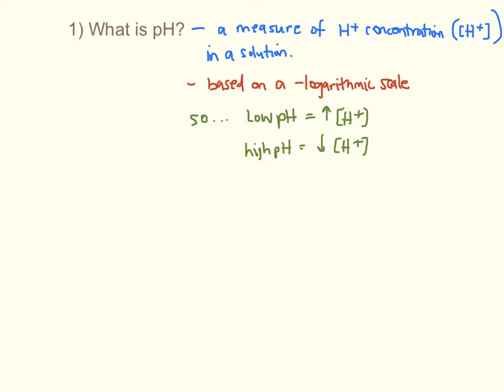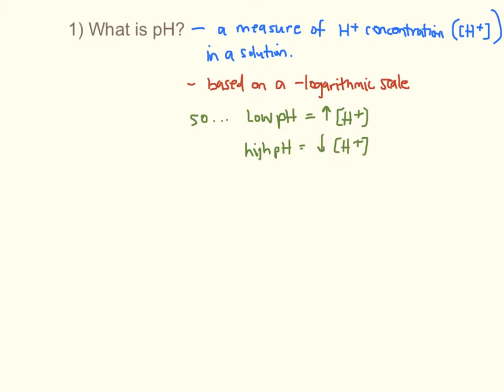Because it's based on a negative logarithmic scale, whenever you come across something that has a low pH, that means it's got a higher concentration of hydrogen ions. And if you come across something with a high pH, that means it has a lower concentration of hydrogen ions.